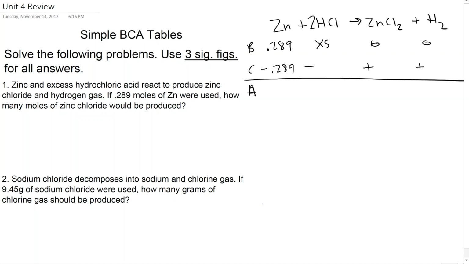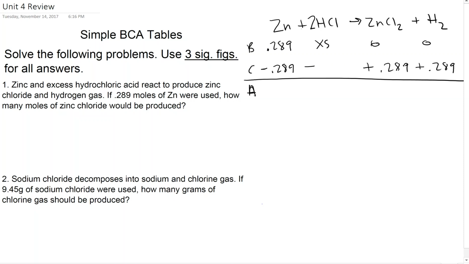Any other substance in the change row that has the same coefficient will have the same change row number. So since zinc, Zn, has a coefficient of 1, and ZnCl2 and H2 also have coefficients of 1, we can fill in 0.289 moles in each of those spots.